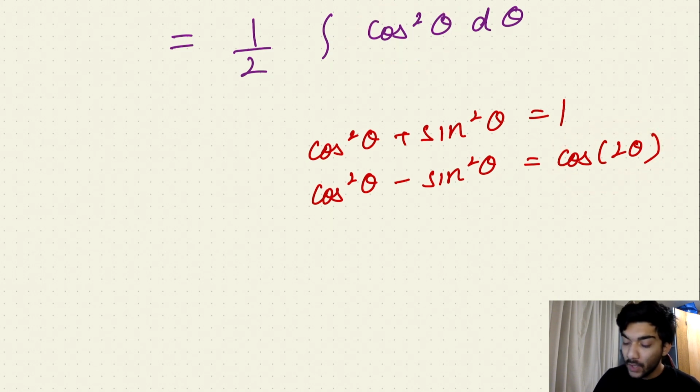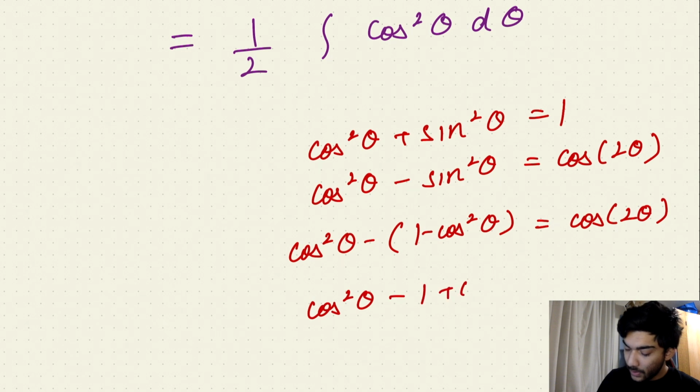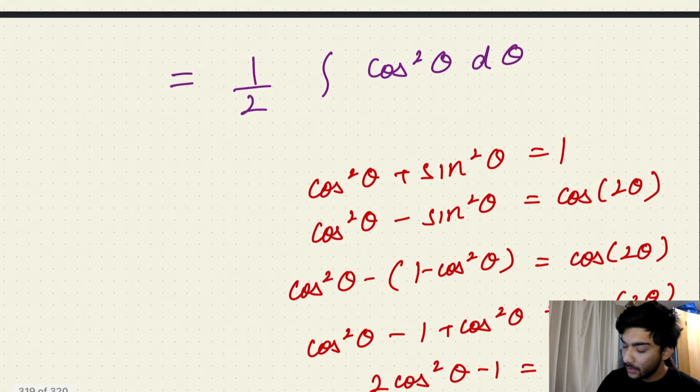And now since we want our expression of cos 2 theta in only terms of cos square theta, we'll convert this sin square theta into 1 minus cos square theta as well. So this expression will become cos square theta minus 1 minus cos square theta equals cos 2 theta. So cos square theta minus 1 plus cos square theta equals cos 2 theta. This is 2 cos square theta minus 1 equals cos 2 theta.